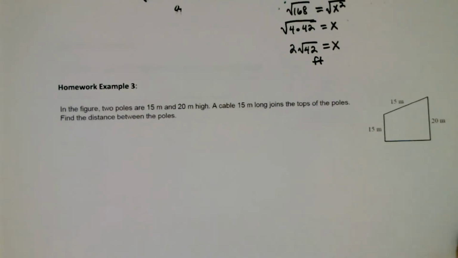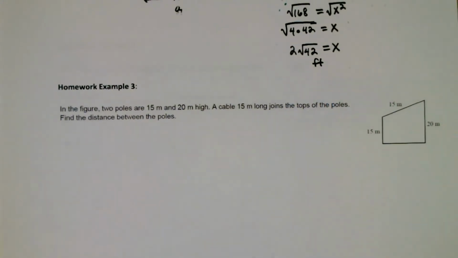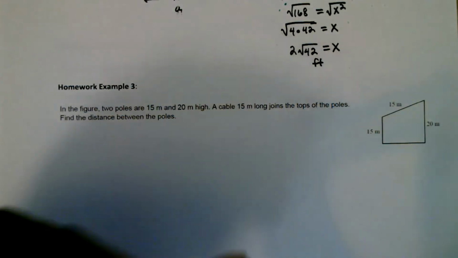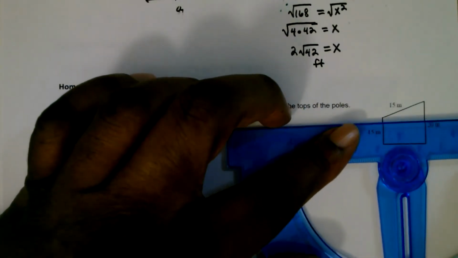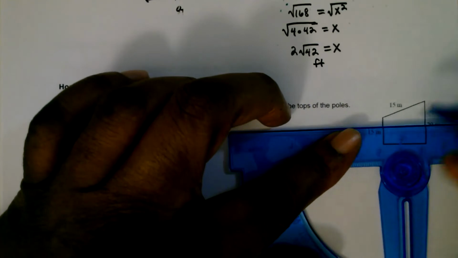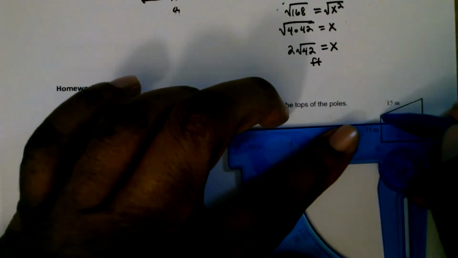All right, here's another example. In the figure, 2 poles are 15 meters and 20 meters high. A cable 15 meters long joins the top of the poles. And I want to find the distance between the 2 poles. In other words, I want to find that distance from this pole on the left to this pole on the right.